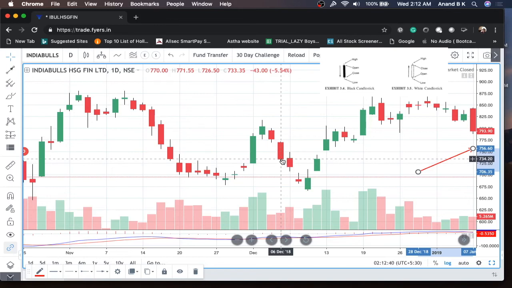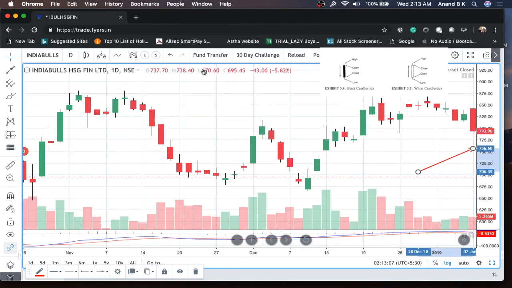Okay, so though the price has moved down all the way from 770, you can also see it made a slight high of 771.55. So about 1 rupee 55 paisa it moved up and then it started moving down, which turns into a red candle.